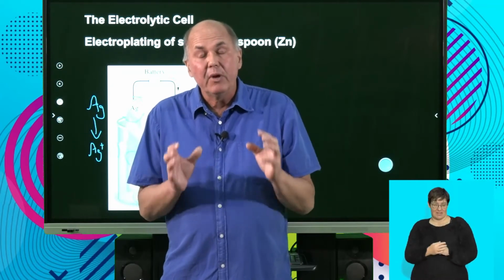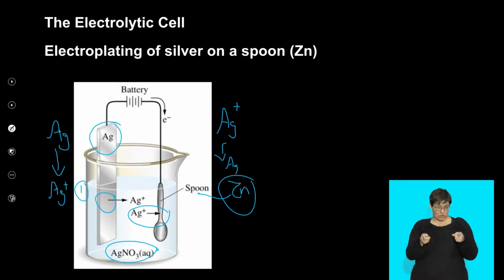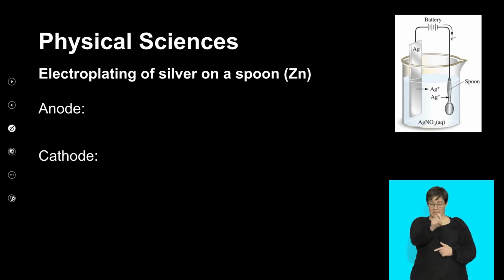And remember, we have to be able to identify which is the anode and the cathode. So let's do just that as we look at this. Now remember, you must identify the anode as where oxidation is taking place. And oxidation is the loss of electrons.